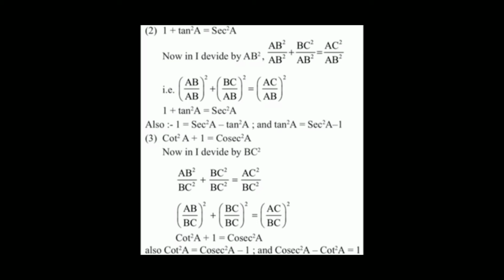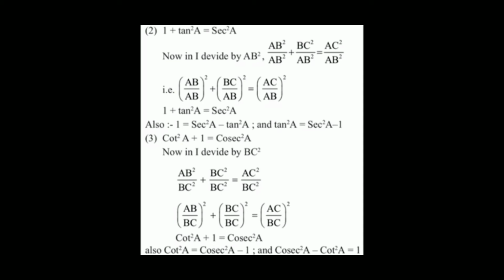So we substitute the values of t ratios from the given sides, and hence we are having the second trigonometric identity, that is 1 plus tan square A is equal to secant square A. And again, as we did in the first part, we can derive the remaining two formulae from this second trigonometric identity like this.